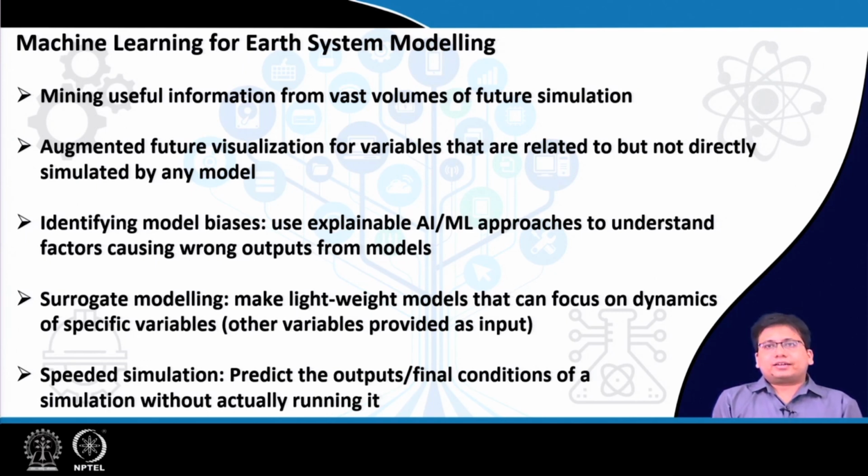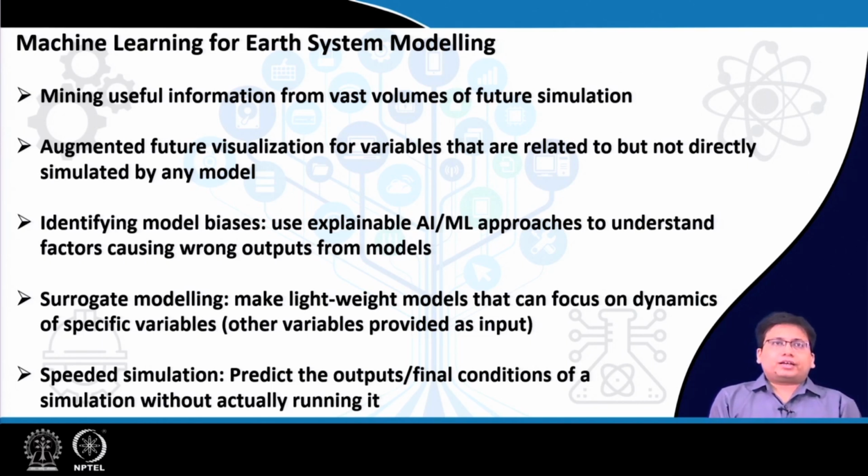In that case, the relation between the simulated variable and the target variable may be represented by a machine learning framework. Then, based on the various future or simulated scenarios, I may be able to know the possible values of the target variable that I am interested in, even though the process model, the earth system model itself, does not give me that.